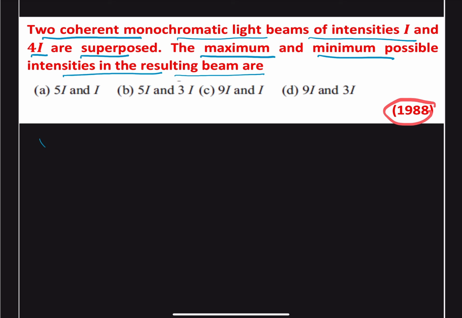So we have the intensity because of the first beam, I1, with magnitude given as I, and the second beam intensity is I2, and its value is given as 4I.